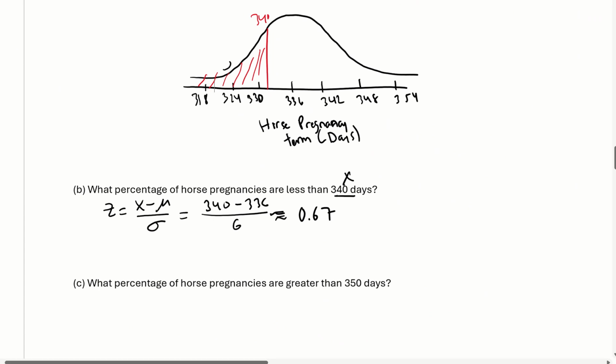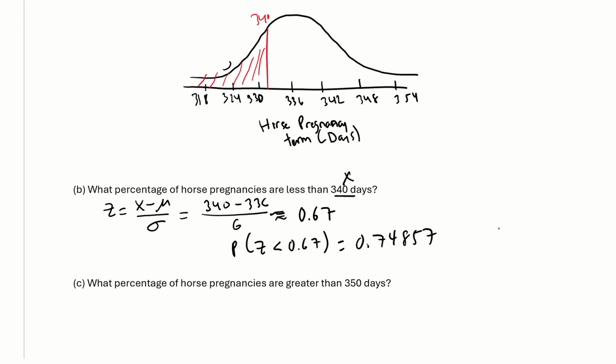That's that area right there. And it's area to the left, and that's what we wanted. So there's our answer. The probability that z is less than 0.67 is 0.74857, which if you convert to a percent is 74.857%.